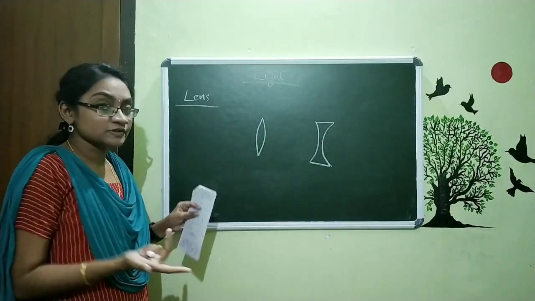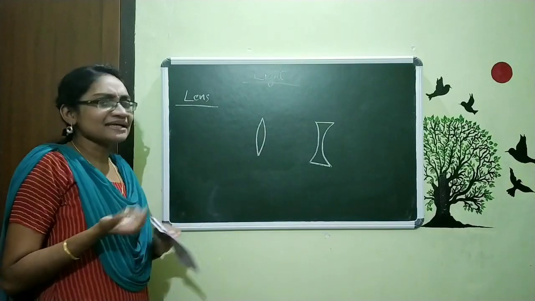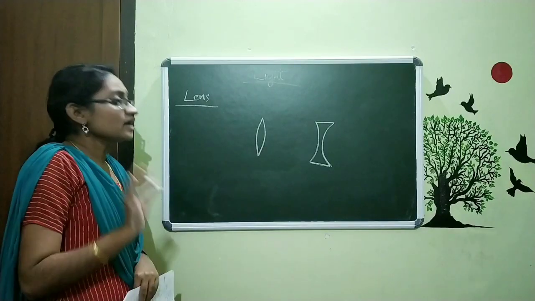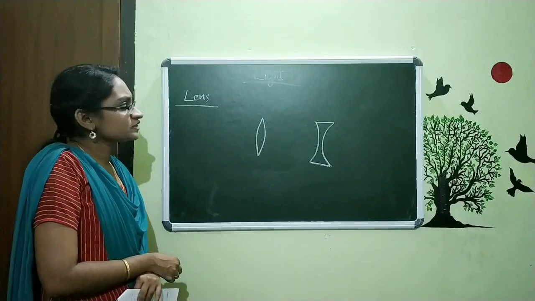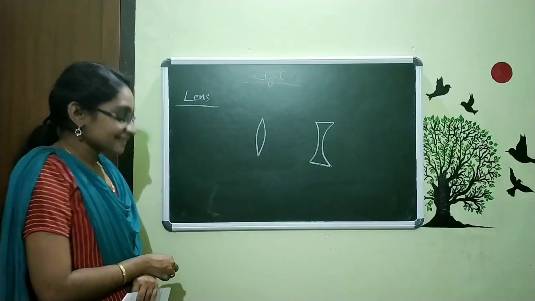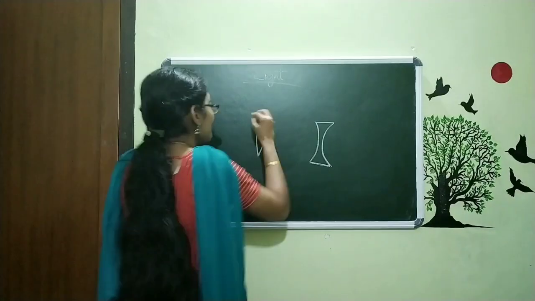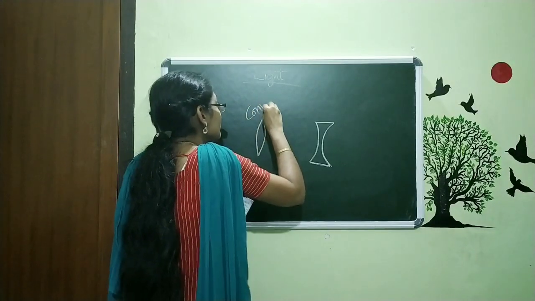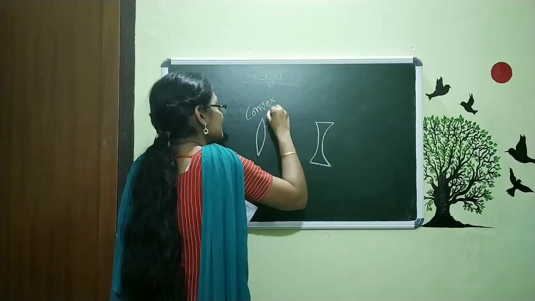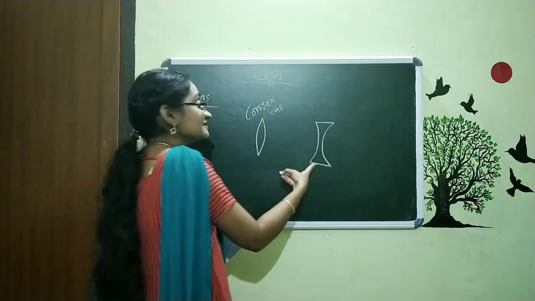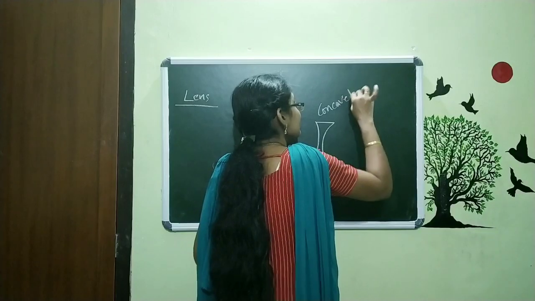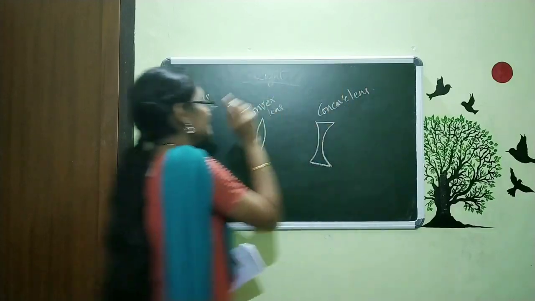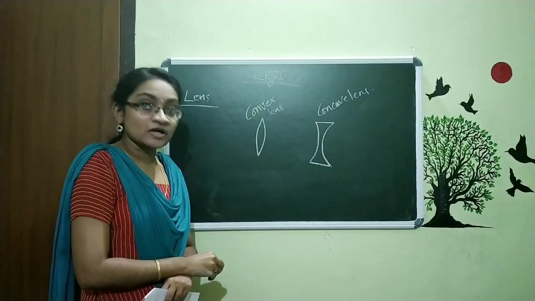There are other types of lens also, and I will show you later. Now focus on these two. What are the names of these two lenses? This is a convex lens, and this is a concave lens.